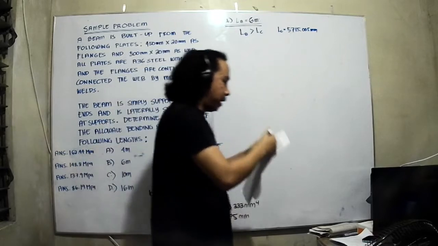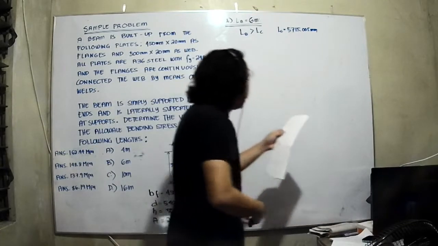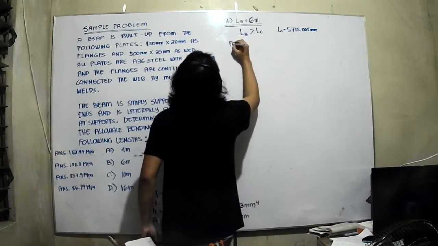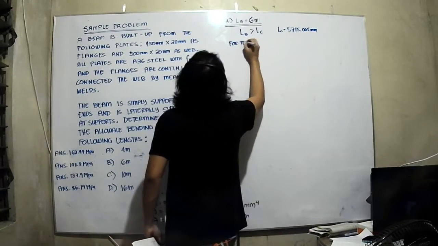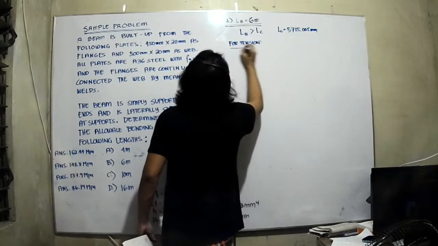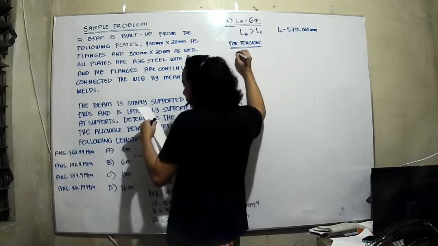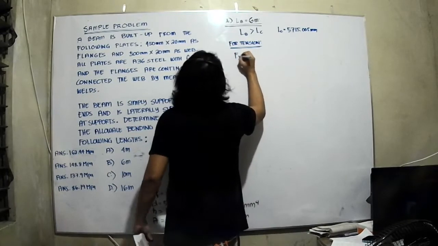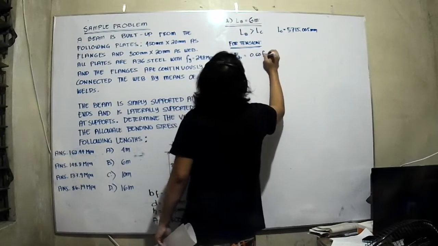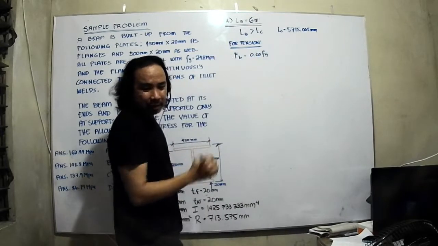Now, itong next, automatically, kung mustorya ta ug tension diri, lahi naman sa compression. Computation na ni sa tension, bending stress, that is just equal to 0.60 Fy, 60% lang sa yield strength sa steel.